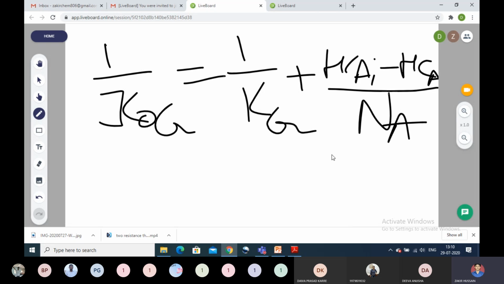From this equation we can take H common because in both variables H is there.